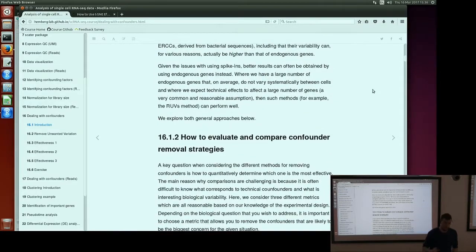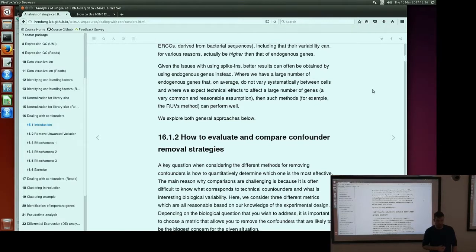So given the issues with spike-ins, often we can get better results for identifying batch effects by just using the endogenous genes. There's a lot of information in the endogenous genes, and there are a lot more of them, which is a statistically sounder basis for fitting models, rather than, say, 96 spike-ins or 92 or 48 that might be expressed in a given cell.